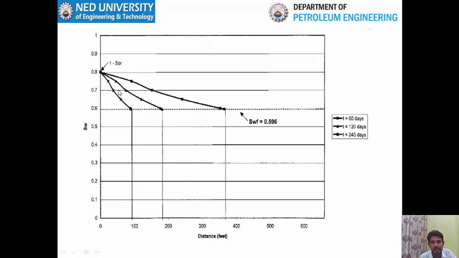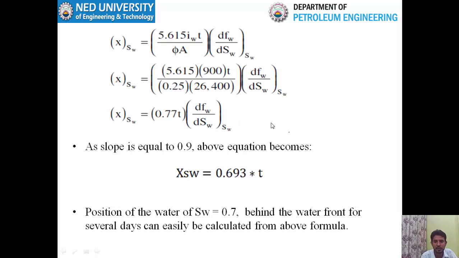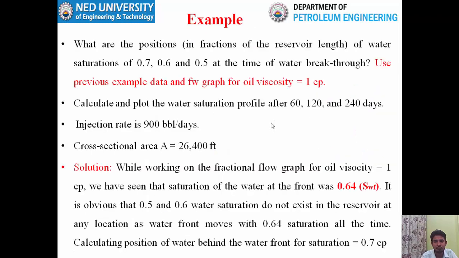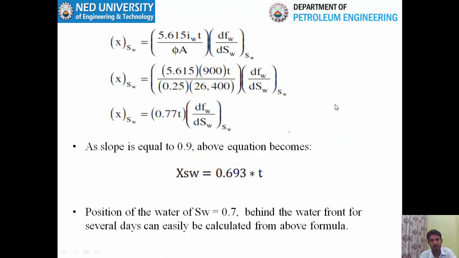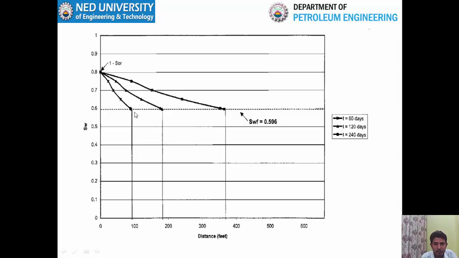So basically at different times we can calculate its position through the previous equation, and this one I have copied from the book. The minimum saturation in the book example was 0.596, but for your case the minimum saturation was 0.64. So when you plot your graph, the minimum saturation will be 0.64, and you will have different water saturations behind your waterfront.